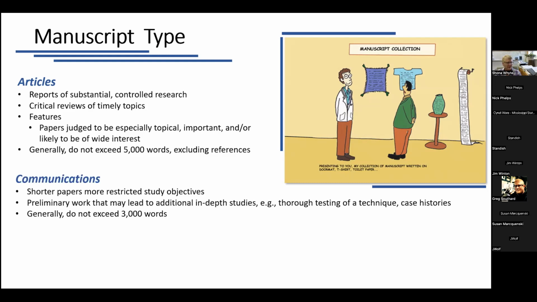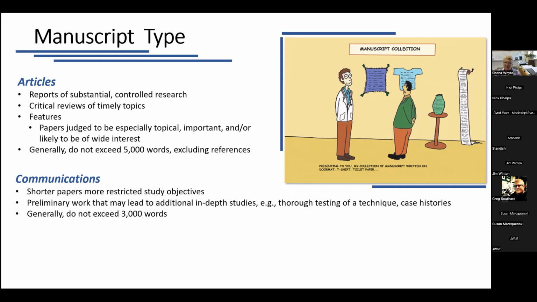The second type would be communications, which are short papers, more restricted, generally preliminary work or work that adds to an already existing body of work, but is small in its scope and may be used to jump to a broader or more in-depth research study.